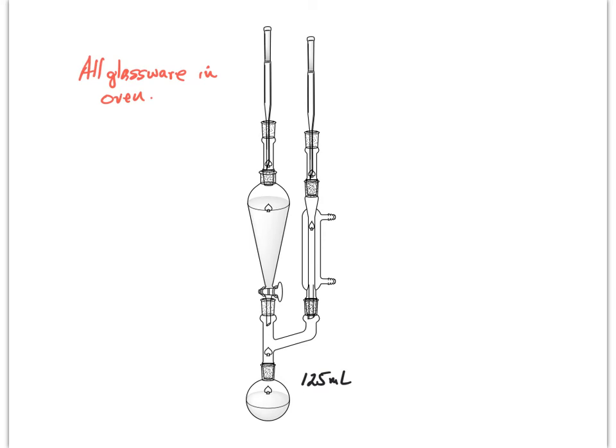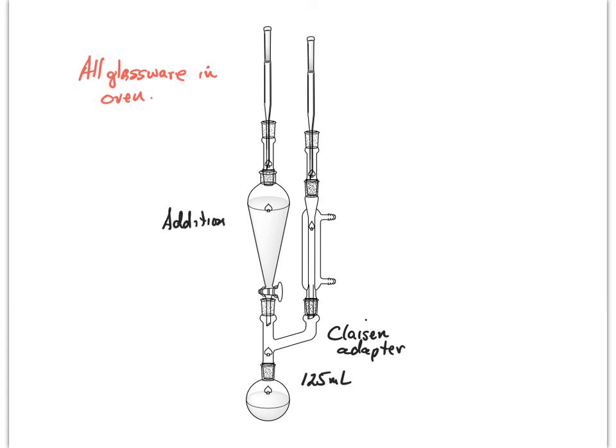We're going to use this thing, which is called the Claisen adapter. It lets us attach two things to our round bottom flask. We're going to use a separatory funnel as an addition funnel, right?